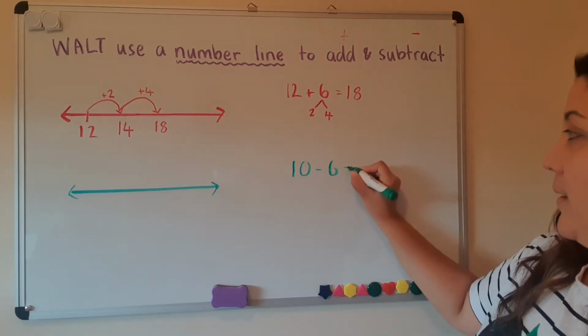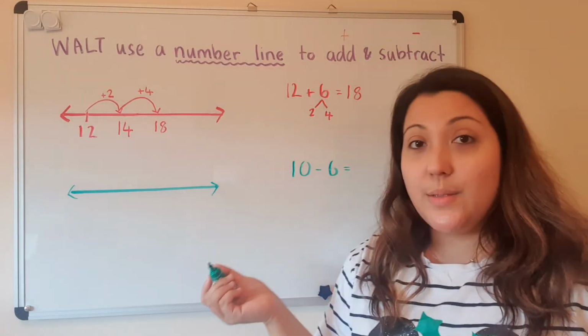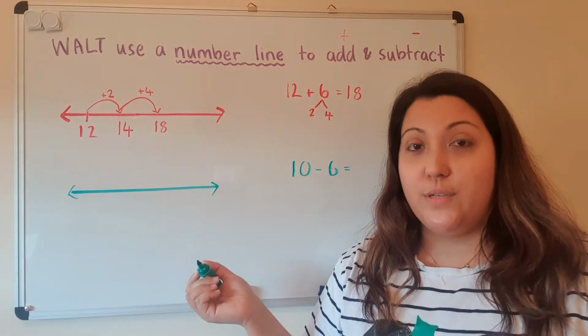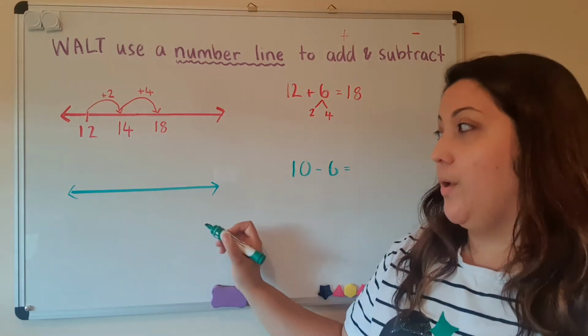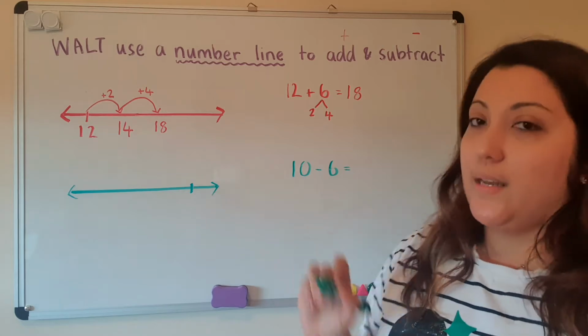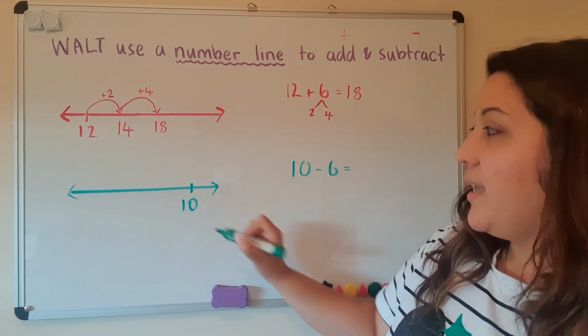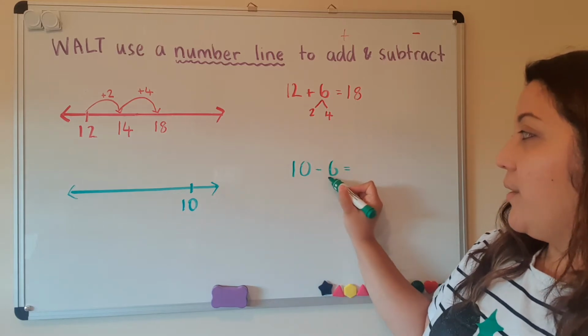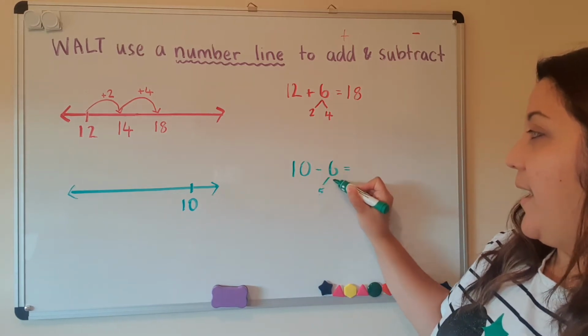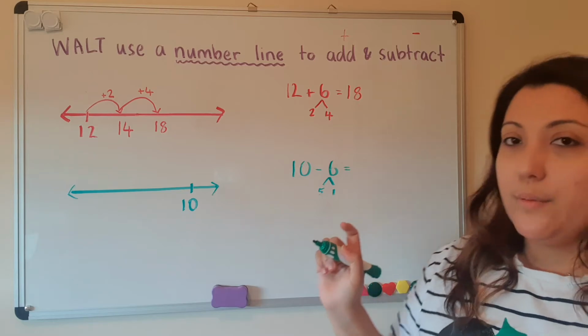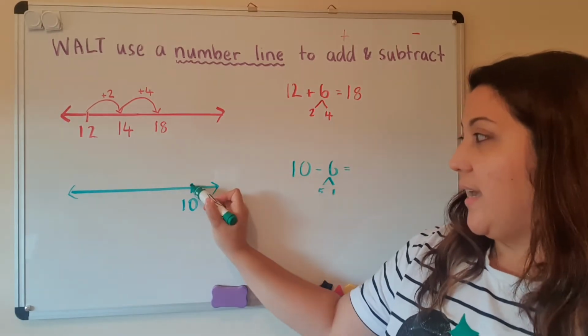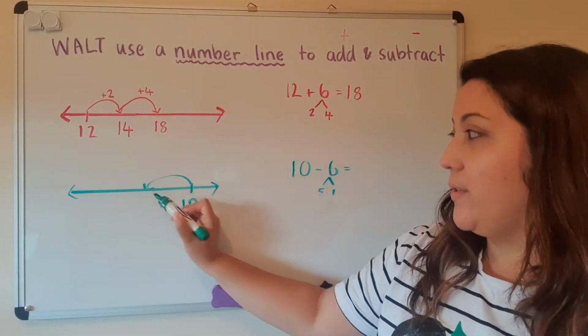6. Now, this is a simple number sentence, and you might know your friends of 10 already, but I'm just showing you as an example. You start on this end of the number line with your biggest number, 10. And you can go backwards. You might want to break 6 up into 5 and 1, because it might be easier for you to take away 5. Backwards we're jumping.